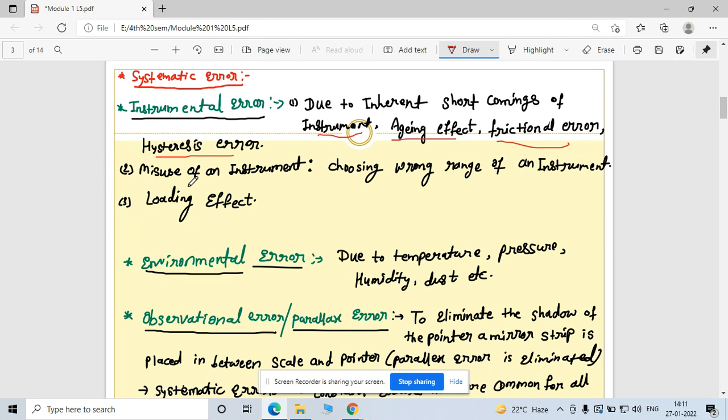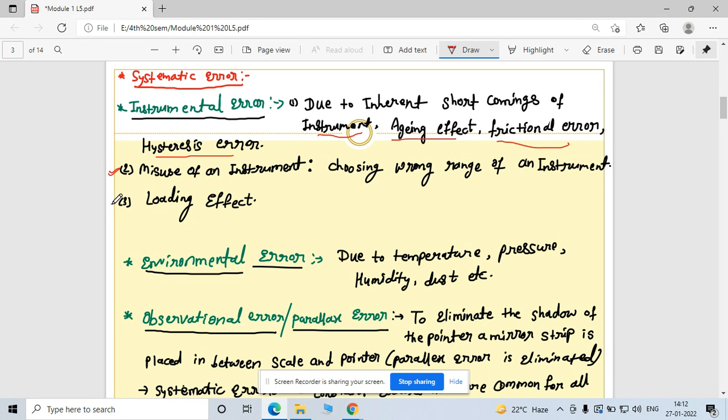So you must take care of this. To avoid this, you should always choose the best possible scale of the meter for measuring the respective quantity. That parameter also plays a key role in eliminating instrumental error.